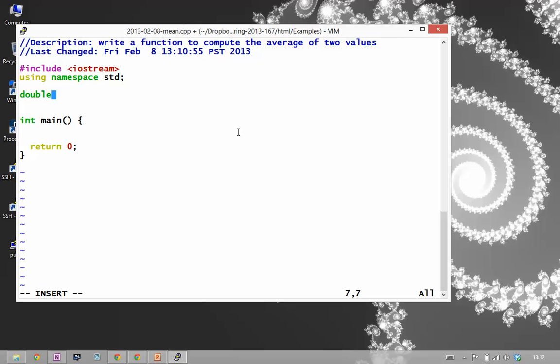So I want the average of 4 and 5 to be 4.5, not 4, or actually 4 is what it would be in integer arithmetic. So double. We decided that a good name would be average. Always want to name your functions in a meaningful way. It takes 2 arguments of what type? Both doubles.